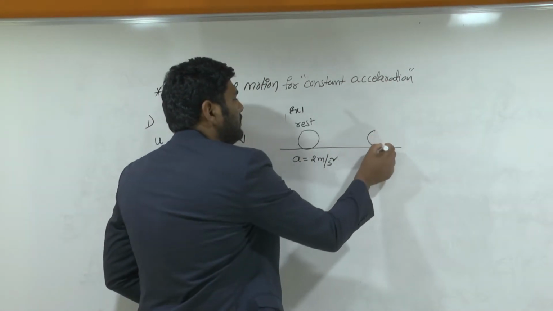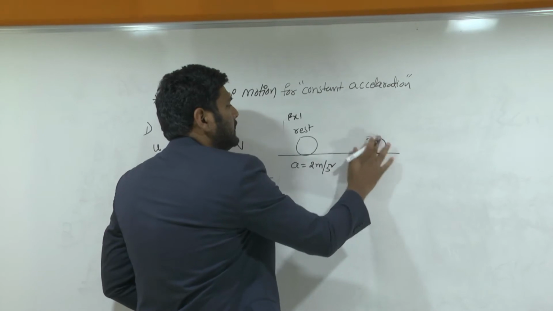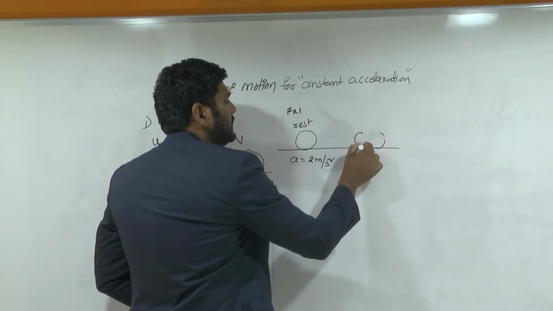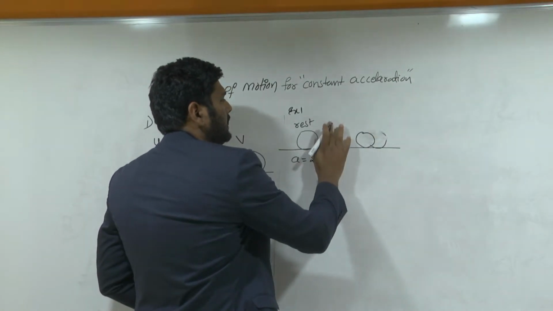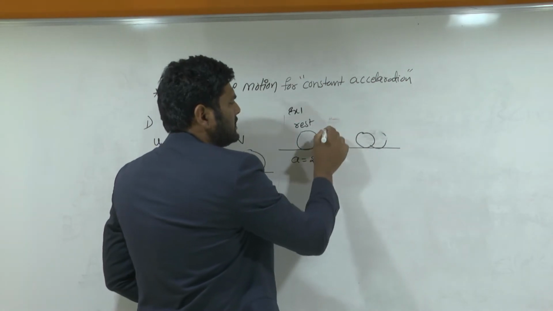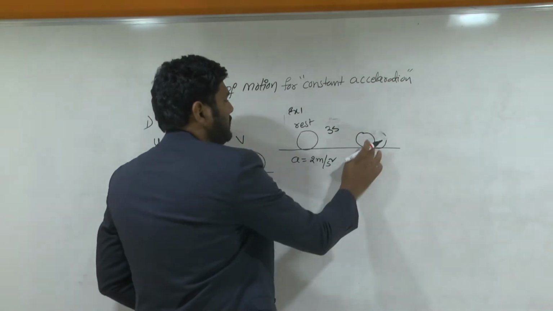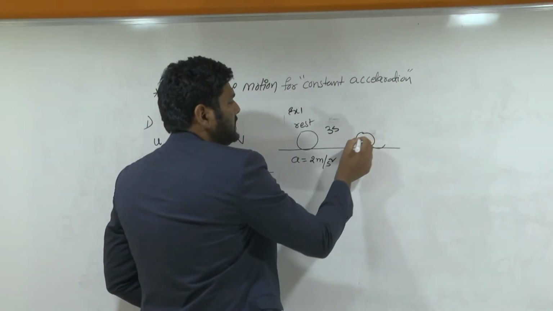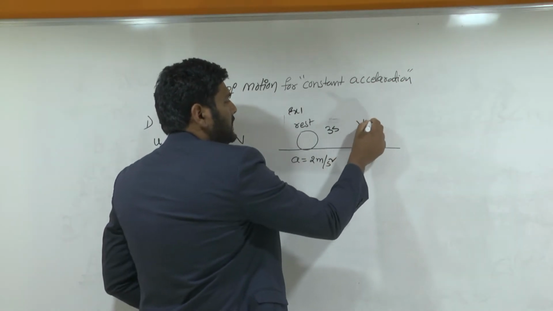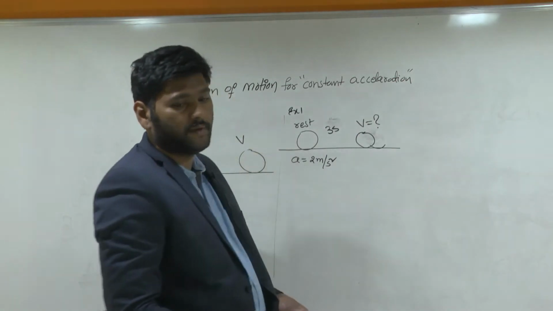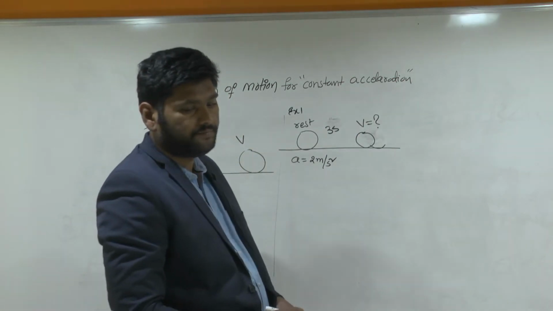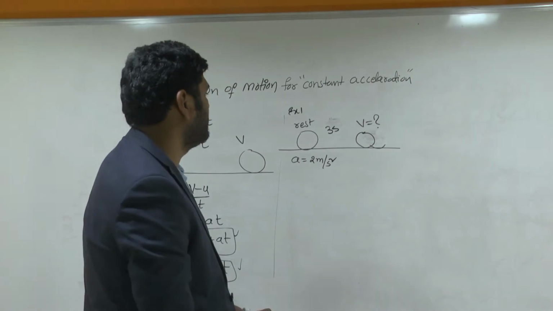After some time t, meaning after 3 seconds, the object reaches here. When it reaches here, what is its velocity? Find out its velocity.